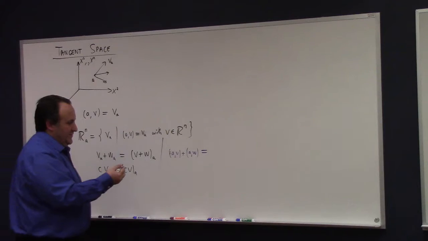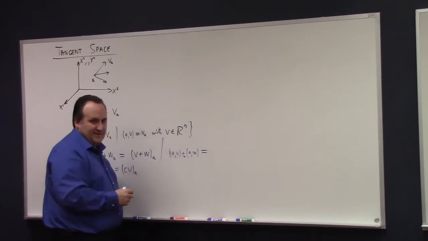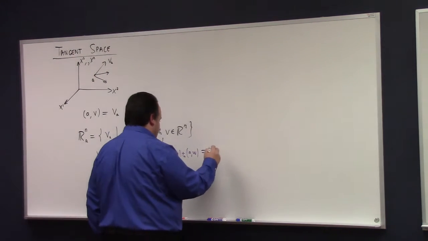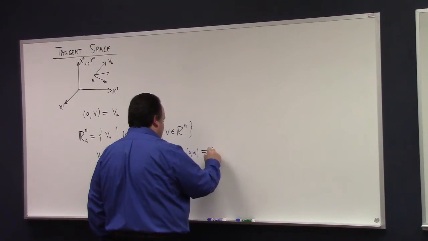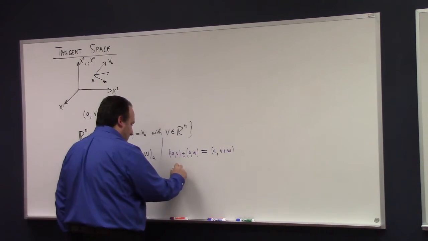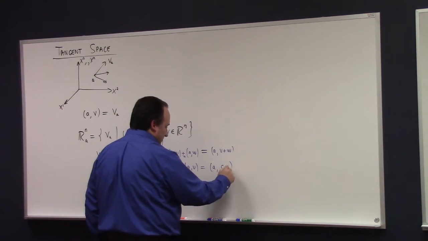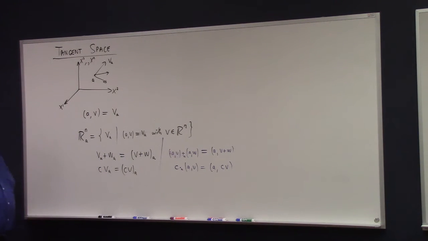When I'm doing this, if I really want to be pedantic about it, I'll put a little sub A here, because it's not the standard vector addition, it's the addition at the point A of these vectors, and so it's A comma V plus W. And over here, C times, and it's really not just scalar multiplication, it's scalar multiplication at A. It's A comma CV. We're defining non-standard addition and non-standard scalar multiplication that's basically replicating vector addition and scalar multiplication at a point.